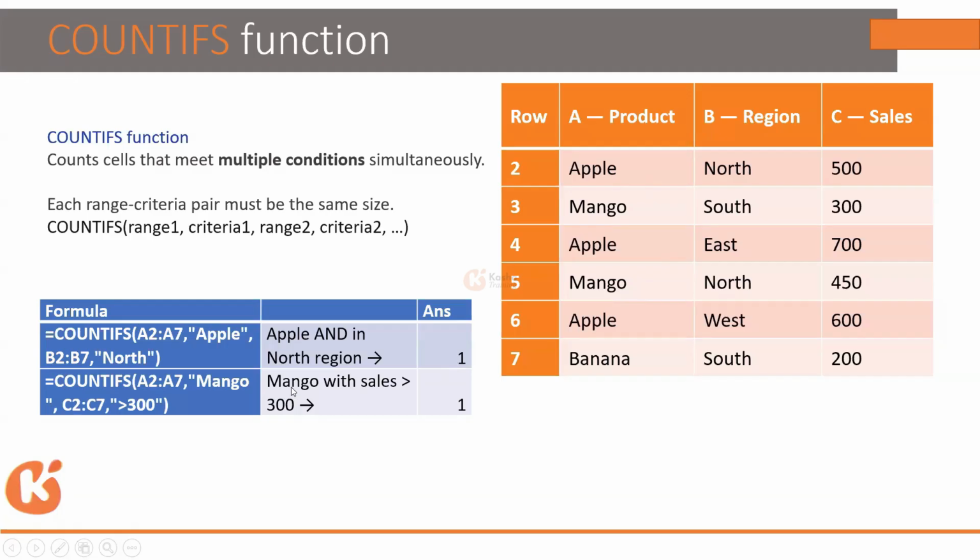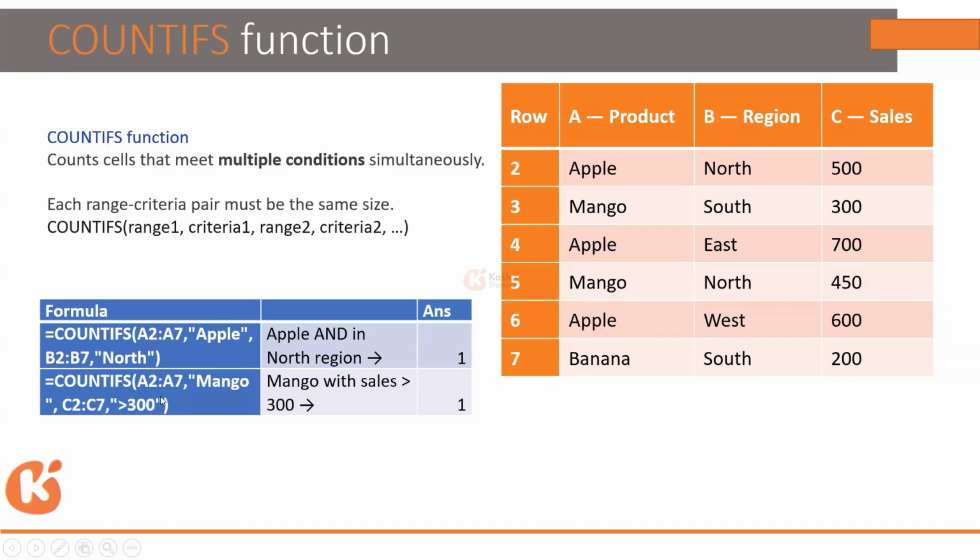Now, second, I want to count mango with sales greater than 300. You can see one mango, two mango, and this one is greater than 300. This one is not counted, and this is 450, which should be counted.